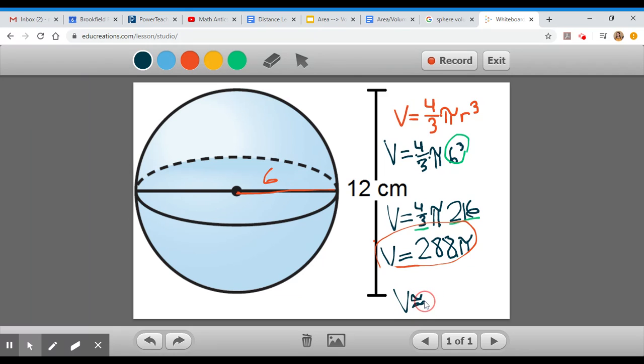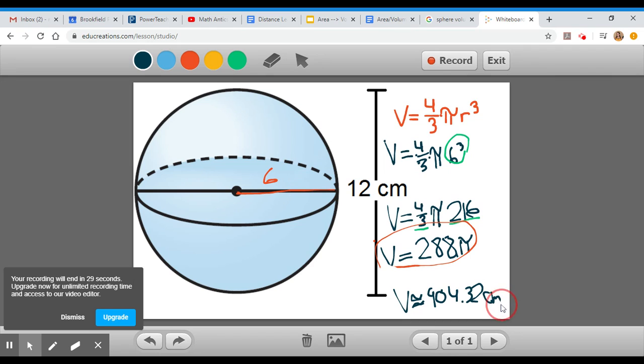Volume is approximately 904.32. And since it's a unit of measure, I'm going to use the proper unit of measure in my answer, 904.32 centimeters cubed.